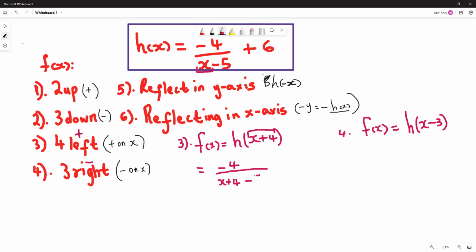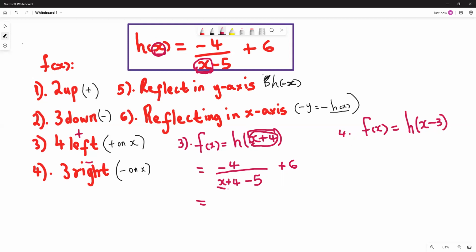And then you still have minus 5 there. Then you have plus 6. It shouldn't confuse you guys. Here it's x, and here it's x. It means whatever you input here, you're also going to input there. Does that make sense? So now my input is x plus 4.